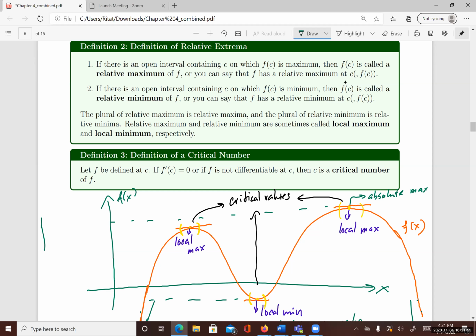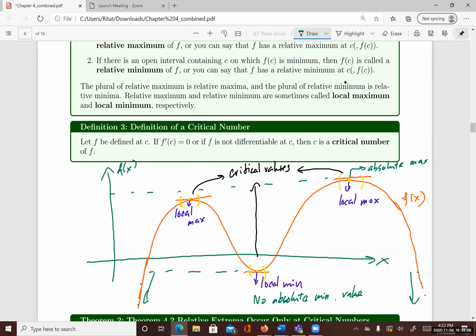In both cases, when you're trying to locate extrema values, it's very, very useful if you can find all the critical values, because most of the time, global or local extrema occur at those critical values. And the critical value, by definition, is a point c where f prime of c equals 0, or f is not differentiable at c.